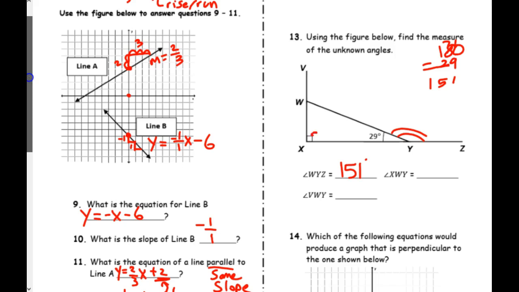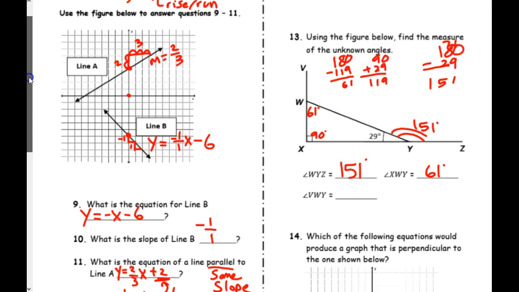Okay, so if this is 90 and this is 29, we're going to add them up. 90 plus 29 gives me 119. And then 180 minus 119 is 61. So XWY, 61 degrees.